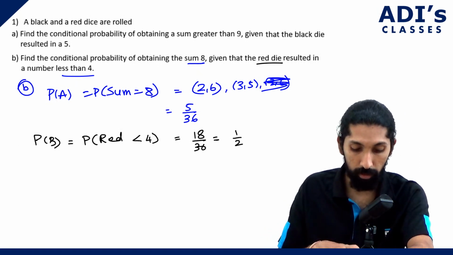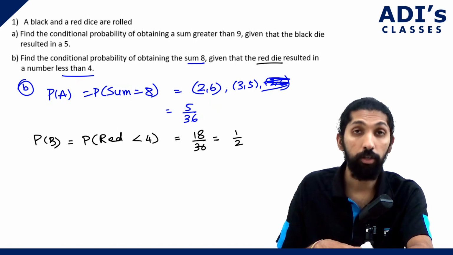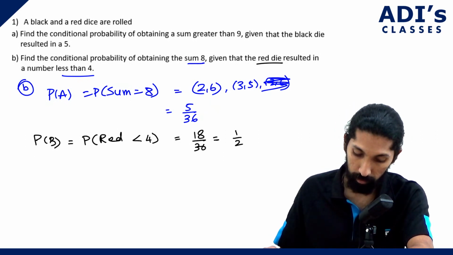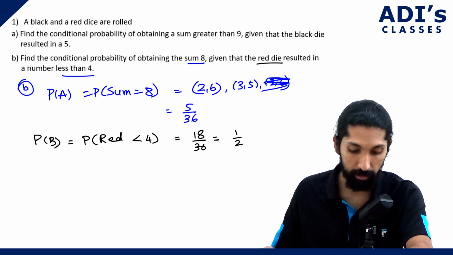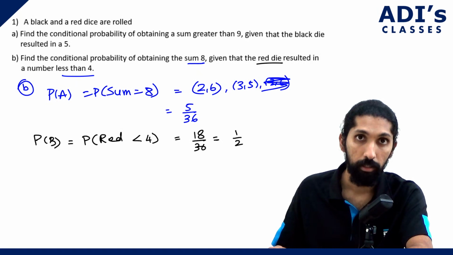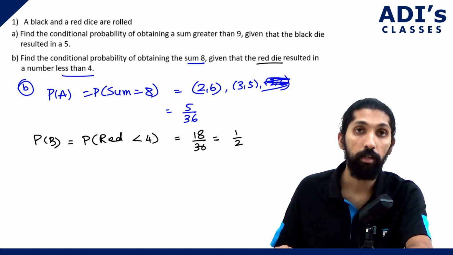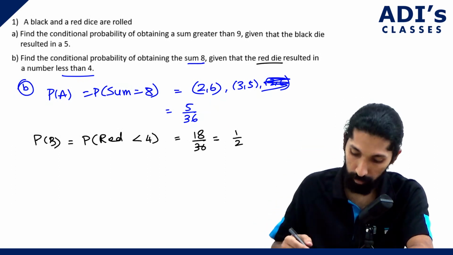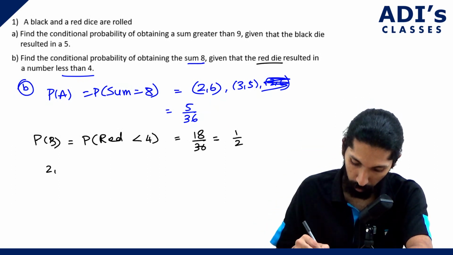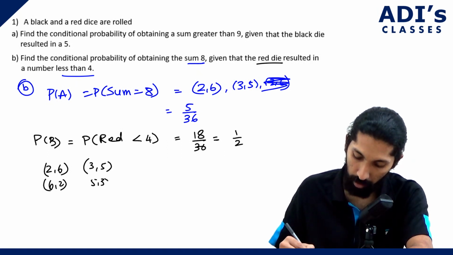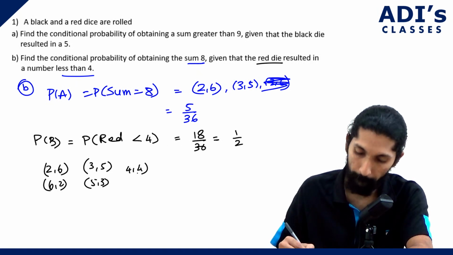Now, what is the intersection? That is, you need to have the sum as 8 plus the red die number should be lesser than 4. Correct? This is what we are looking at. So if you write it like this, 2 comma 6, 6 comma 2, 3 comma 5, 5 comma 3, and 4 comma 4.